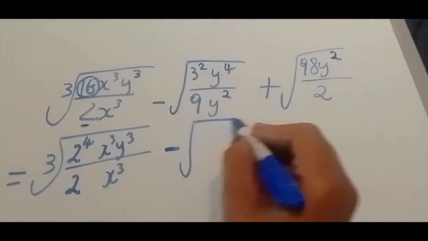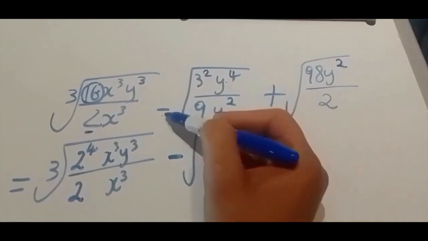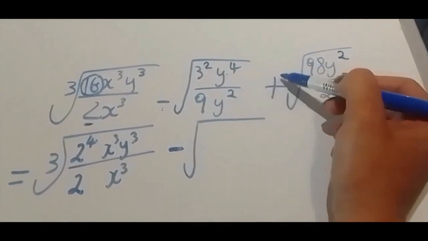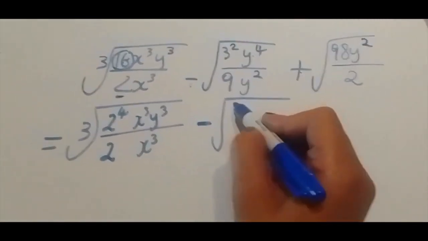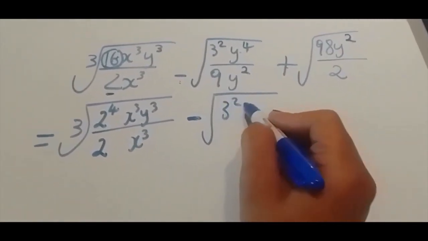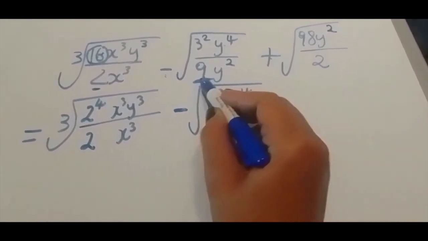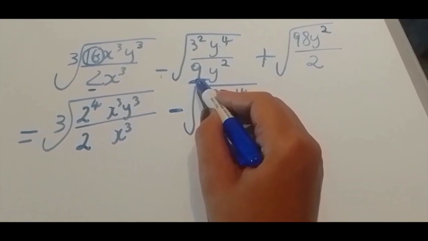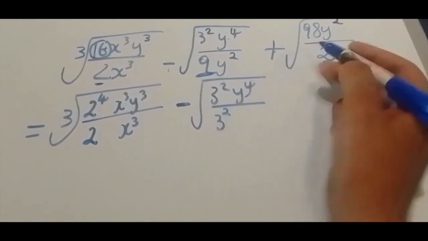Let's try the second term. I'm calling this a term because terms are separated by a negative or a positive sign. So here we have 3 squared, y to the 4, all over. I can make that an exponential form with base 3. We know that 9 is 3 squared.